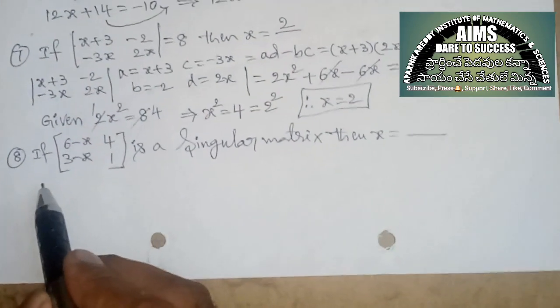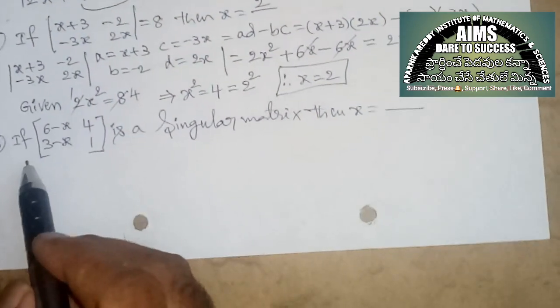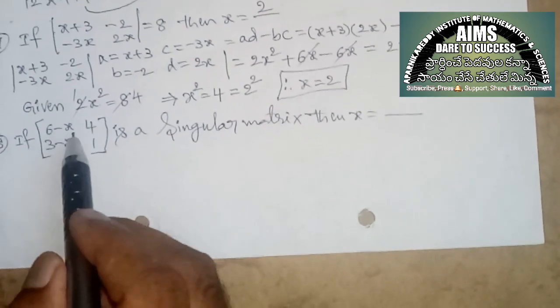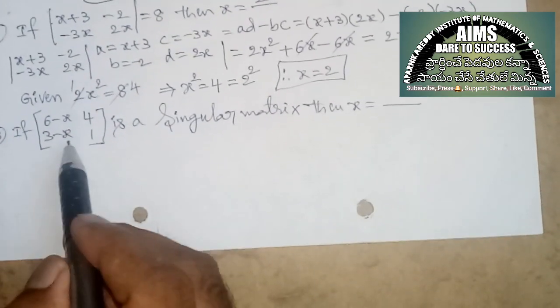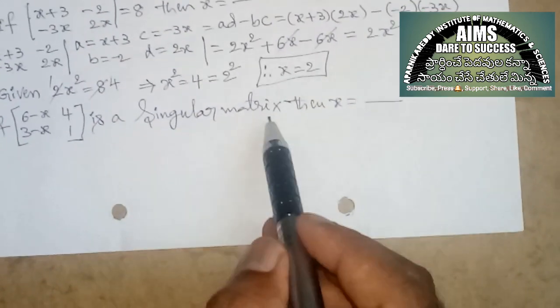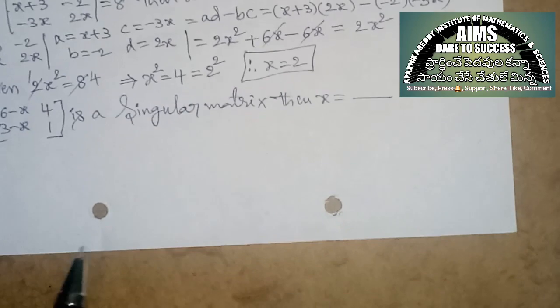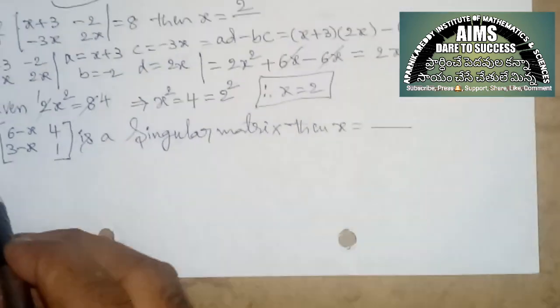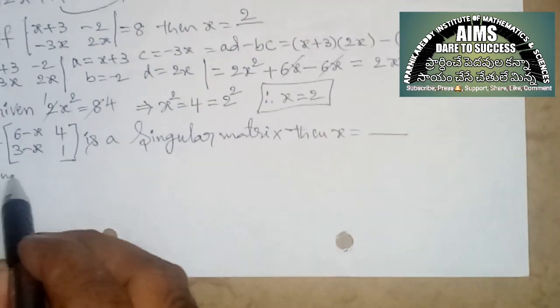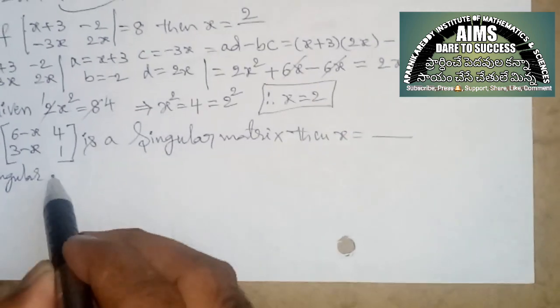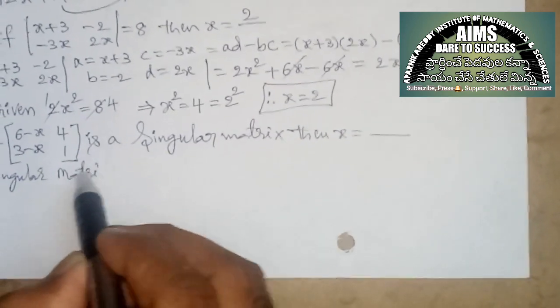Next, one more example I wanted to tell you. If the matrix 6 minus x, 4, 3 minus x, 1 is a singular matrix, then we can find x value. So here I wanted to tell you the singular matrix definition.